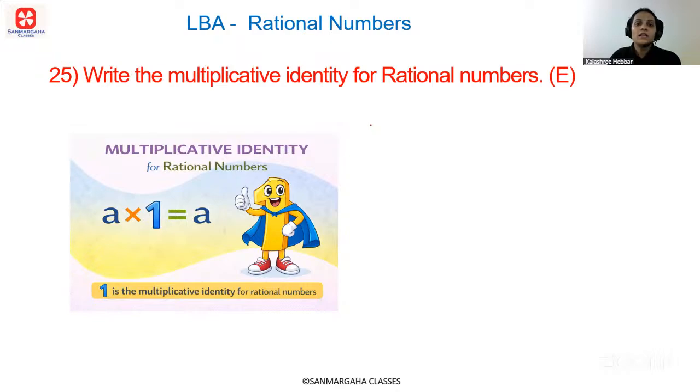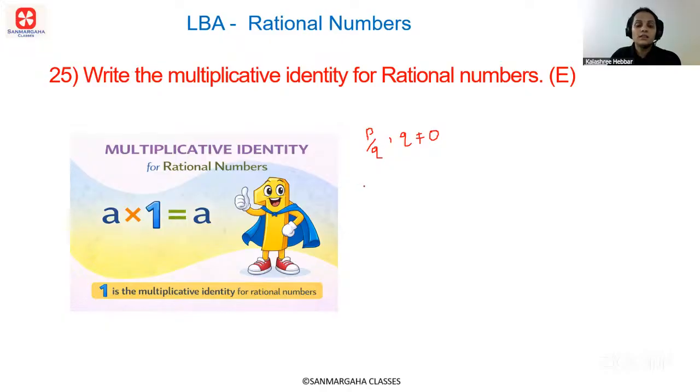Write the multiplicative identity for rational numbers. Rational number is nothing but the numbers which are in the form of p by q and q is not equal to 0. Now, let us know what is multiplicative identity.